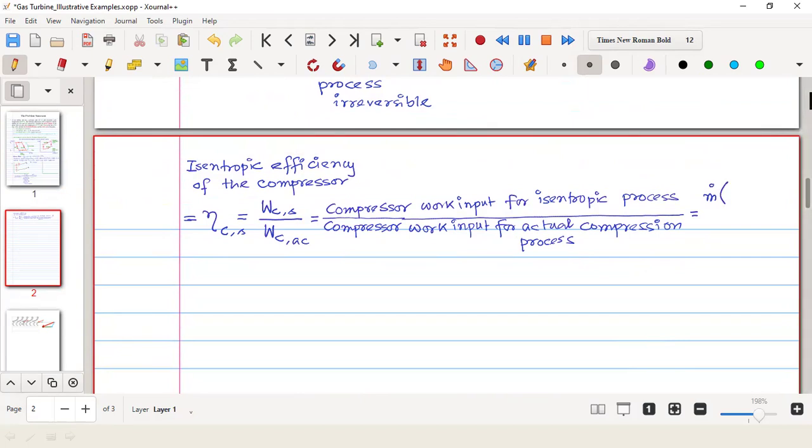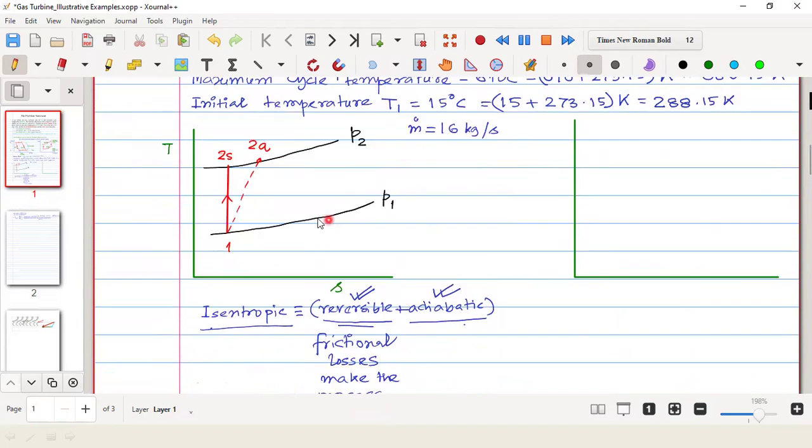Change in enthalpy magnitude, if we write, then it is H2S minus H1, divided by the actual, H2A minus H1.